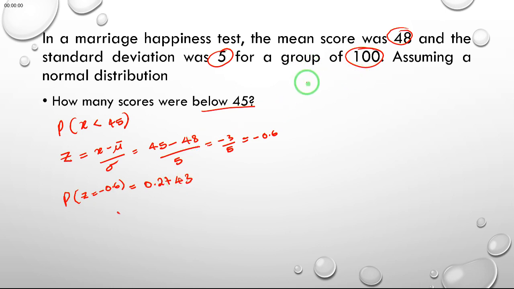Again, the probability assumes that the maximum value is 1. Because we are talking about less than, we are not changing that. If you are given 100 students, you multiply this by 100. So the number of scores below 45 is 0.27 times 100, which becomes 27.